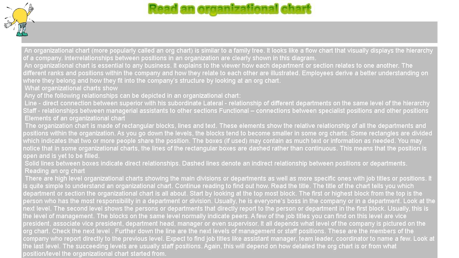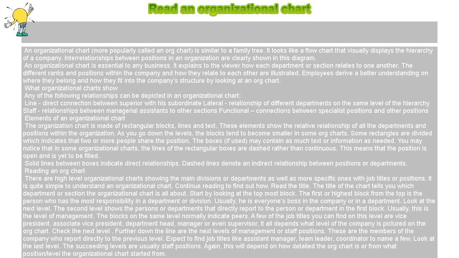The second level shows the persons or departments that directly report to the person or department in the first block. Usually, this is the level of management. The blocks on the same level normally indicate peers.